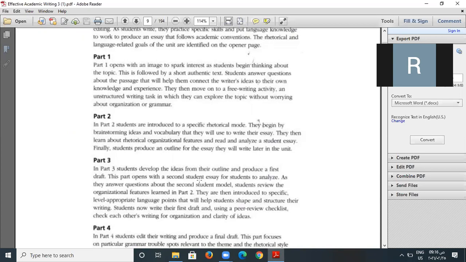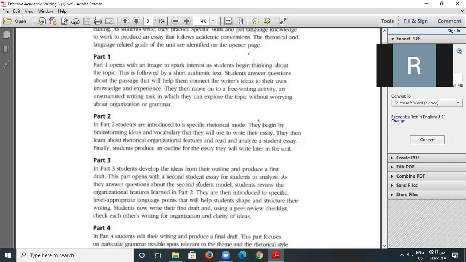After that, they are introduced to specific level-appropriate language points. هنا في عندنا language points that students should be able to know. Why? Because these language points will help you to shape and structure your writing.